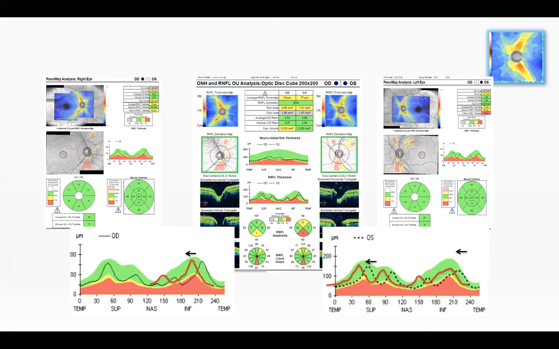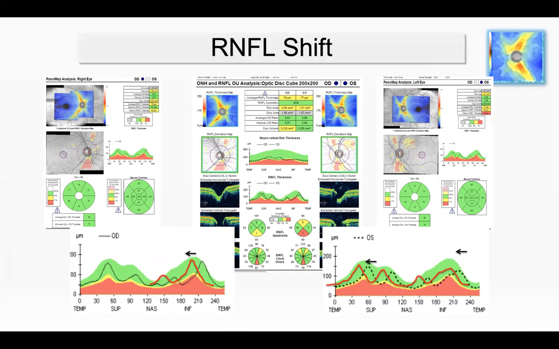RNFL bundles follow the major retinal vessels, so if the retinal vessels are not at the expected place, we see this artifact. It's common in myopic eyes, and we call it temporal RNFL shift. We may see nasally shifted RNFL in some hypermetropic eyes, although it's less common.